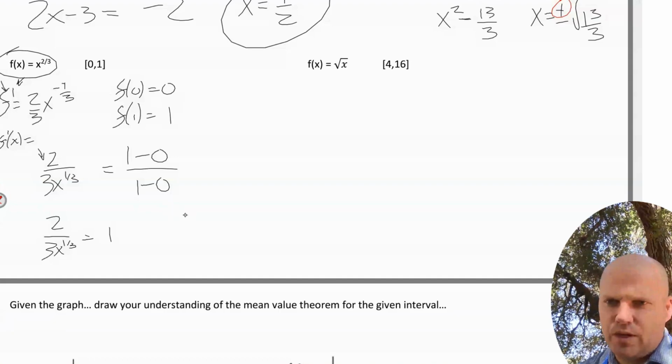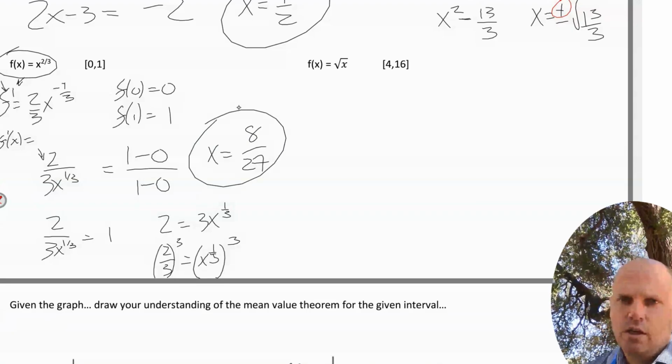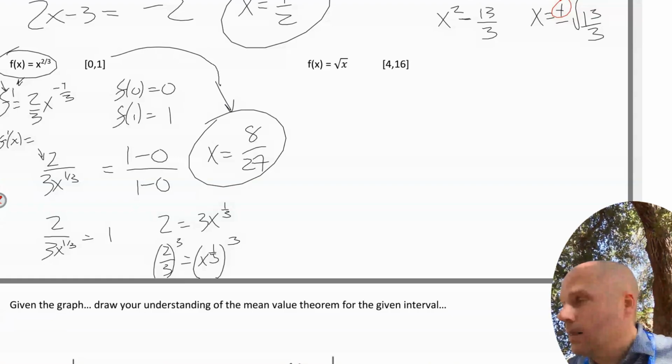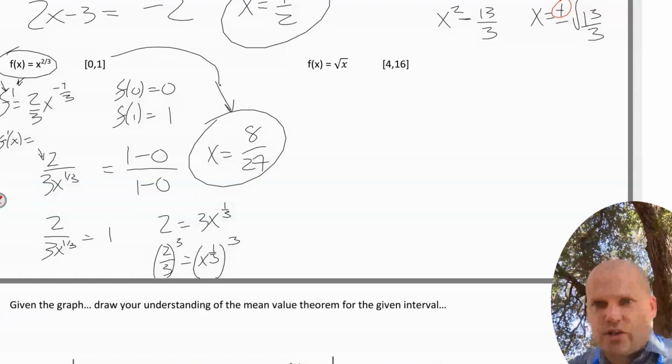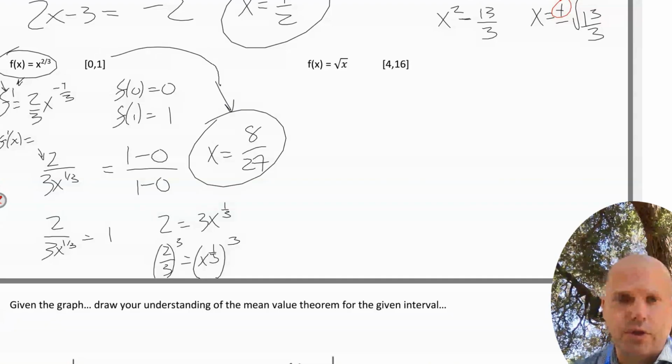I am going to multiply by 3x to the 1/3, but we're not setting it equal to 0. So I get 2 equals 3x to the 1/3. I could have flipped both sides. It's fine. And then cube, and I get x equals 8/27. It's guaranteed. 8/27 is inside the interval. When x equals 8/27, f of x is increasing 1 y per x, which is equivalent to the average rate of change of f over the interval.